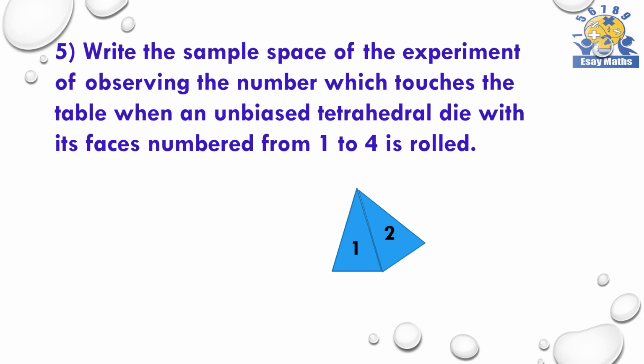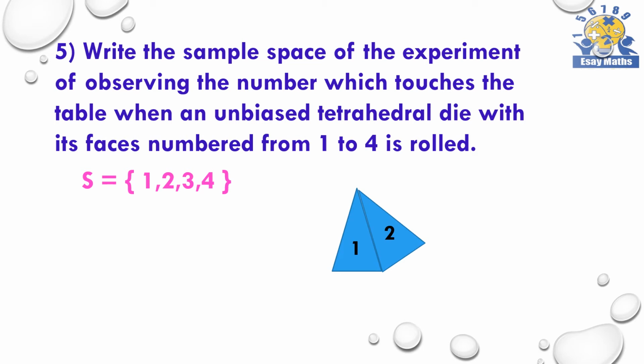Number 5. Write the sample space of the experiment of observing the number which touches the table when an unbiased tetrahedral die with its faces numbered from 1 to 4 is rolled. What are the possible outcomes?